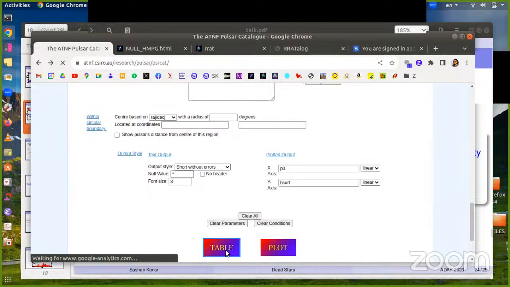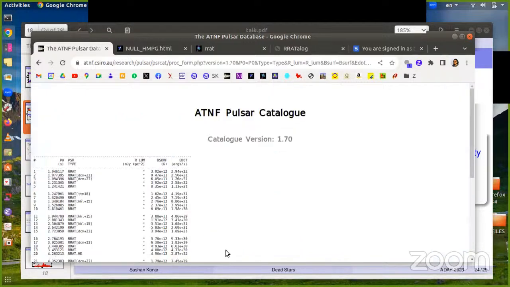Anyway, so what we are seeing is the number of RRATs. Now ATNF has a list of RRATs, but their list is not exhaustive. That's the problem. Anyway, so these are all RRATs. This is the spin period. This is the magnetic field value which are available. I have only dragged those objects which have magnetic field and spin period.